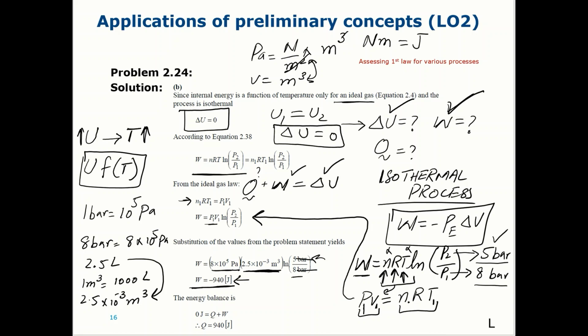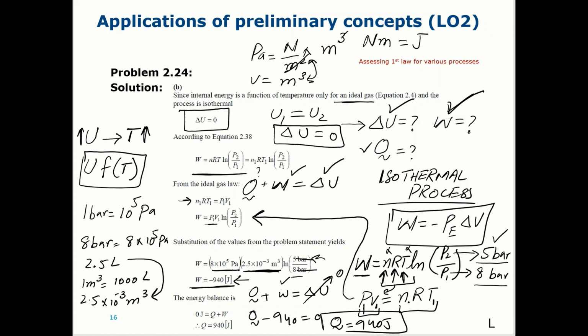So that's why Q plus W is equal to delta U. This is already 0. You already have calculated this, which is minus 940 kilojoule. So Q will be equal to 940 joule. So that means that's your answer.